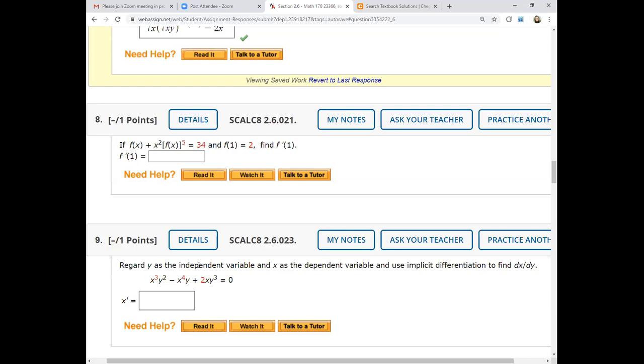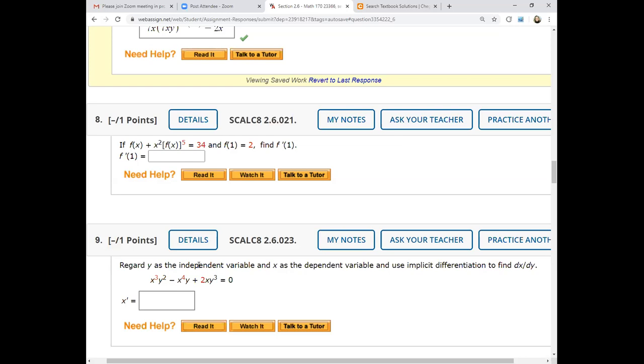It's that middle piece that has the x squared product. And then the derivative of 34 is 0. That makes sense.